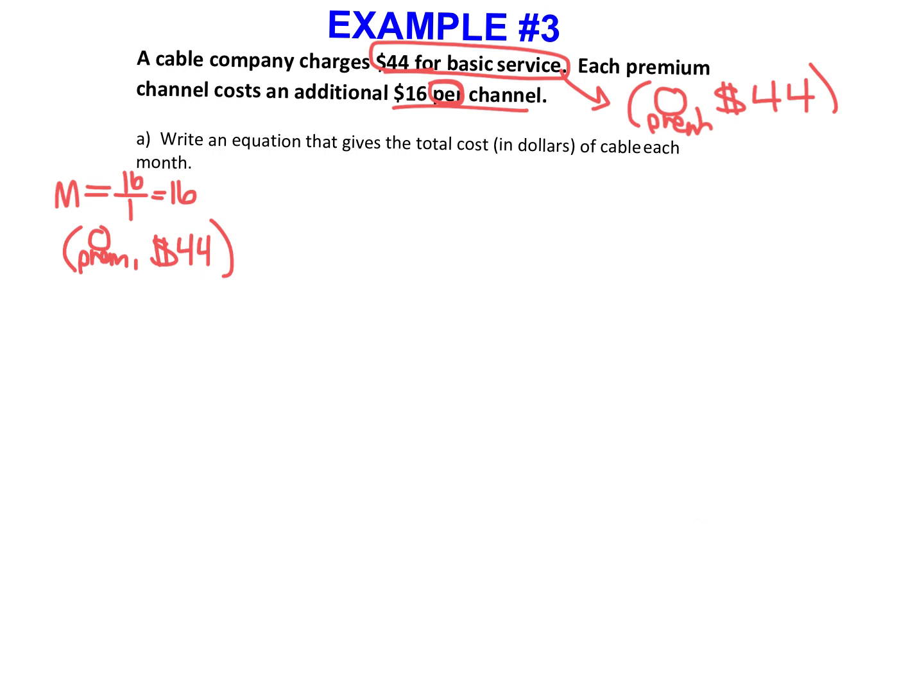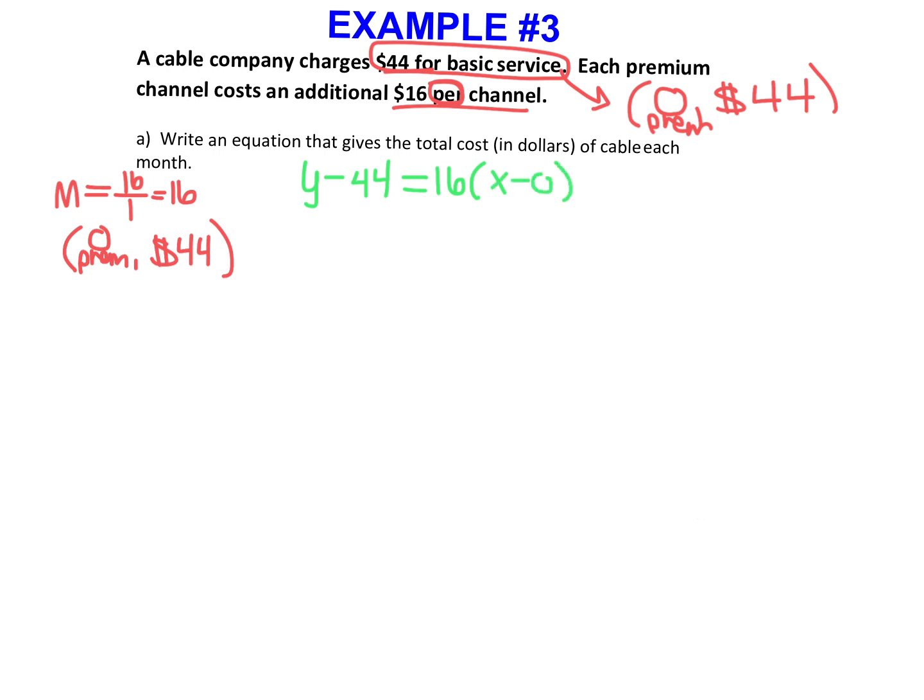Then from here, we're going to write the equation of our line, and we're going to ultimately end in slope-intercept form. So we always start in point-slope form, so we do y minus our y coordinate of 44 is equal to our slope of 16 times x minus our x coordinate of 0.